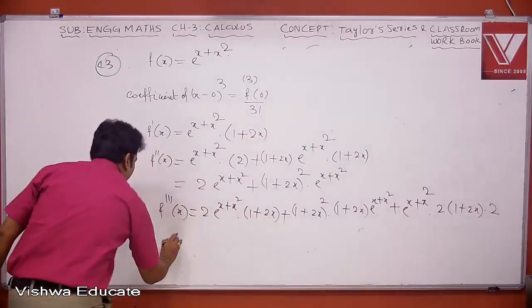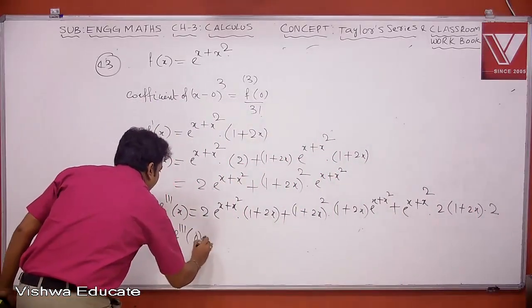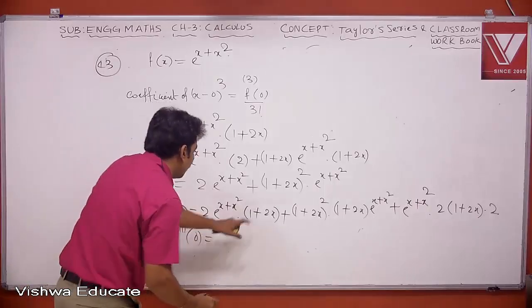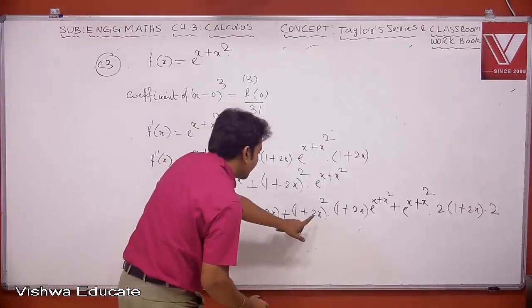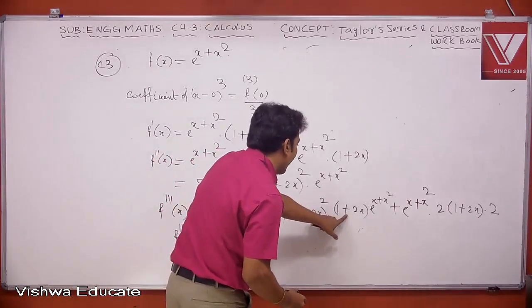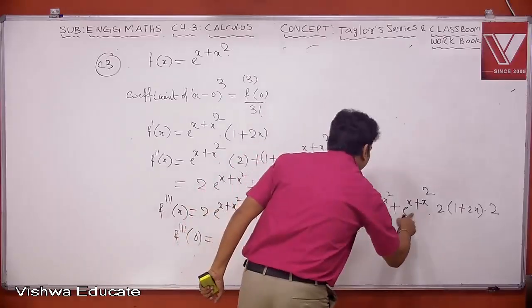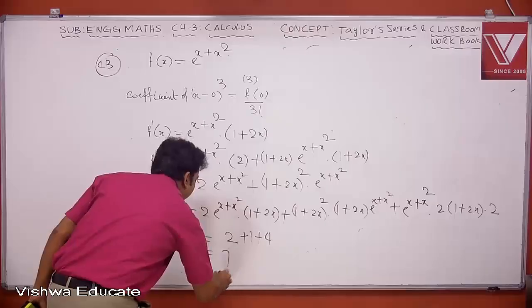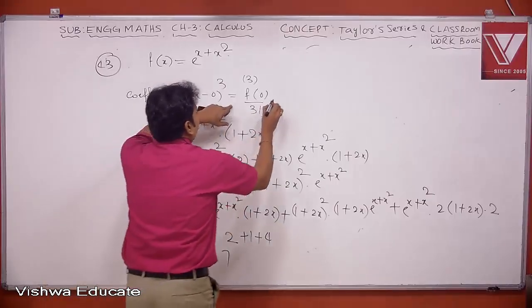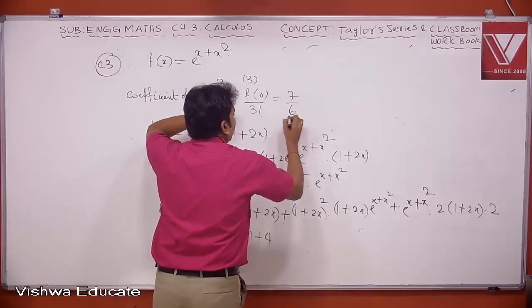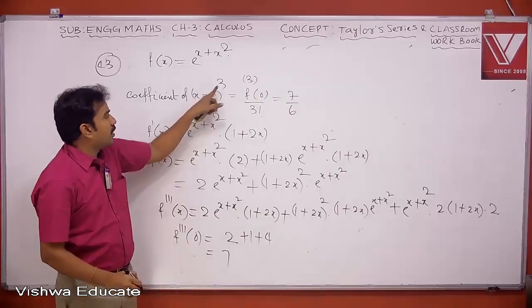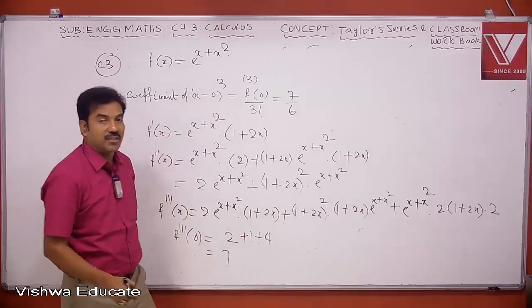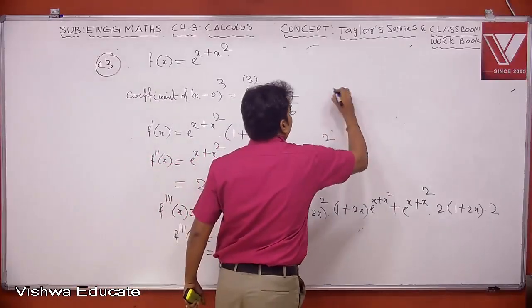Now replace x by 0, f triple dash of 0. This gives 2. This gives (1 plus 2x) whole cube, which is 1, and this gives 4. So 2 plus 1 plus 4 is 7. Therefore this is nothing but 7 by 6. So we have only one option where the coefficient of x cube is 7 by 6. Therefore option C is the right answer.